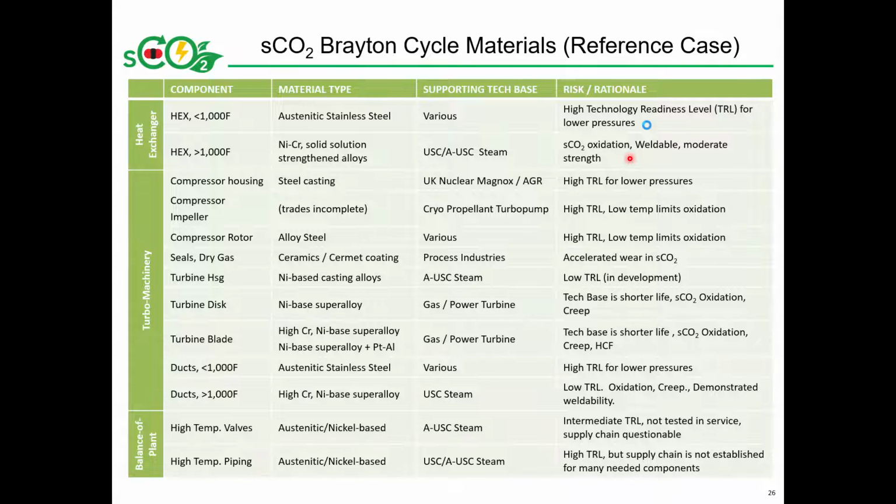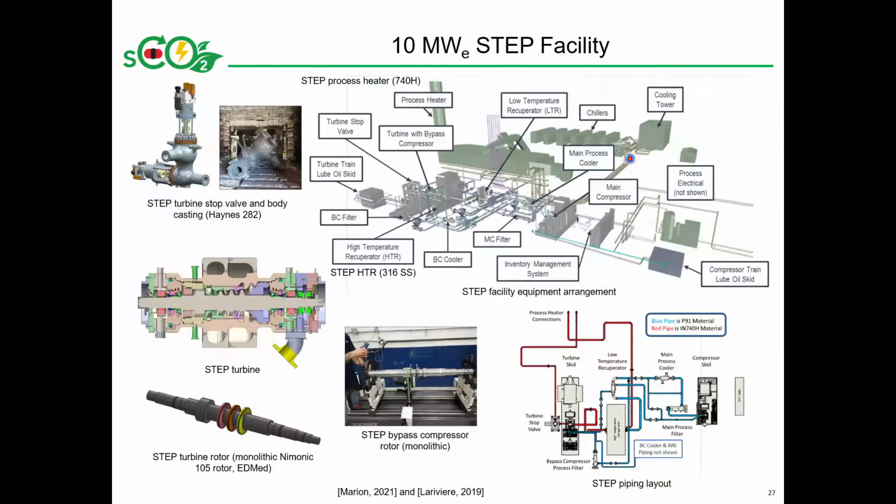Taking this into account, there are quite a few gaps still in terms of selecting and using materials for sCO2 Brayton cycles, and we'll start to look at those in just a very short while. But before we do that, we'll spend a little bit of time on this slide.